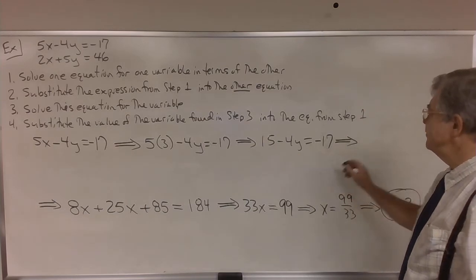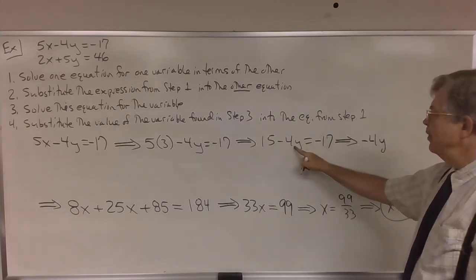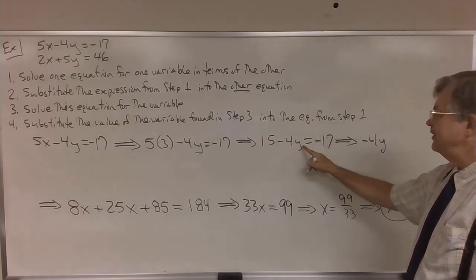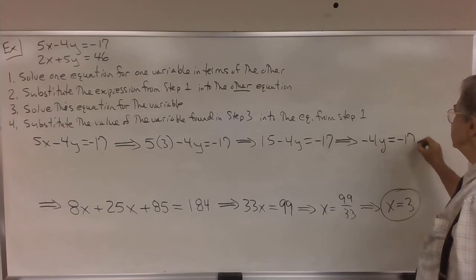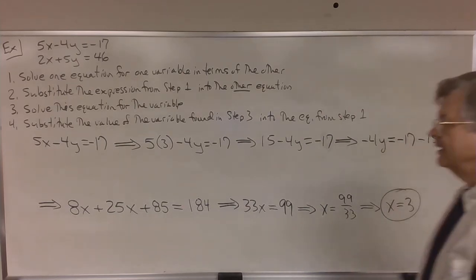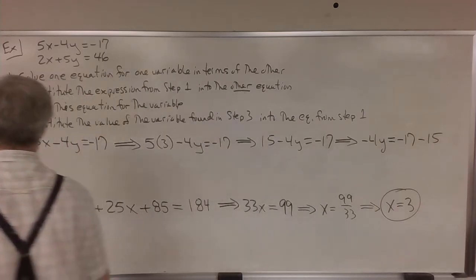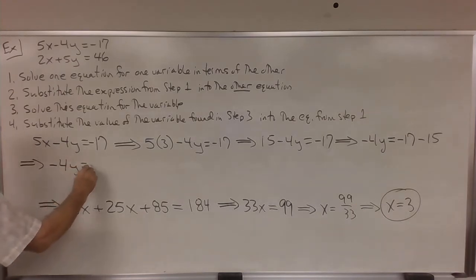Subtract 15 from both sides. I have negative 4y left on the left side equals negative 17 minus 15, so I have negative 4y equals negative 32.